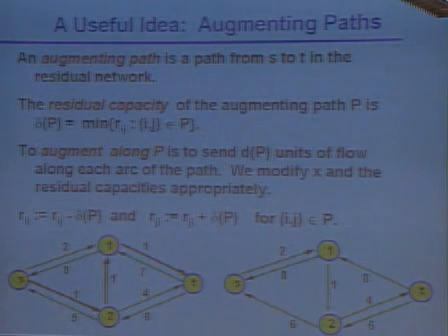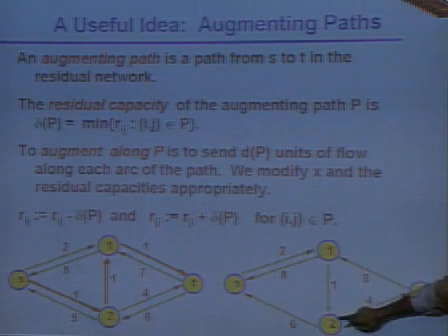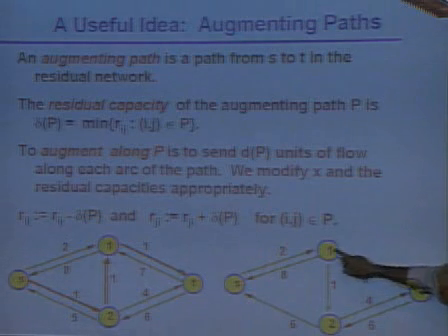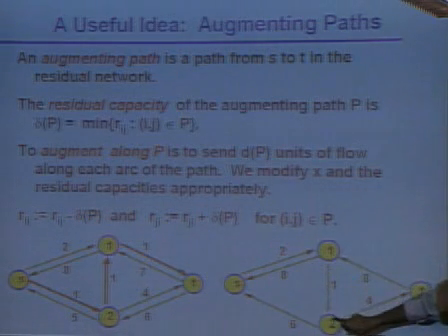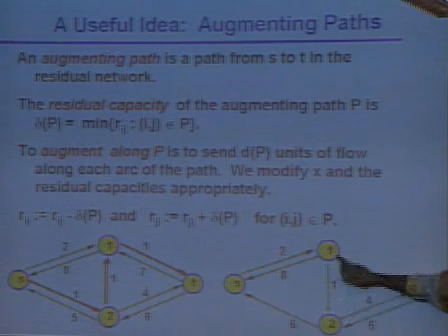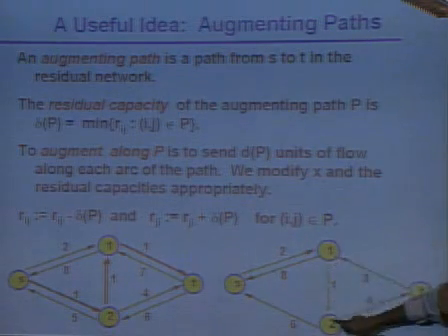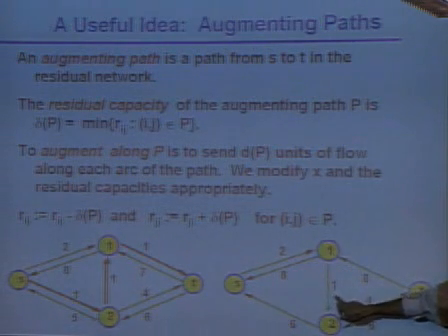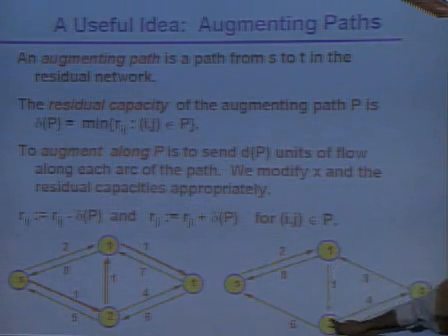And from 1 to 2, remember, in the original network, there was an arc from 1 to 2. Okay? And the fact that in the residual network, the same arc exists with capacity 1 means that we are not using that arc at all in the current flow. Now we are sending 1 extra unit.